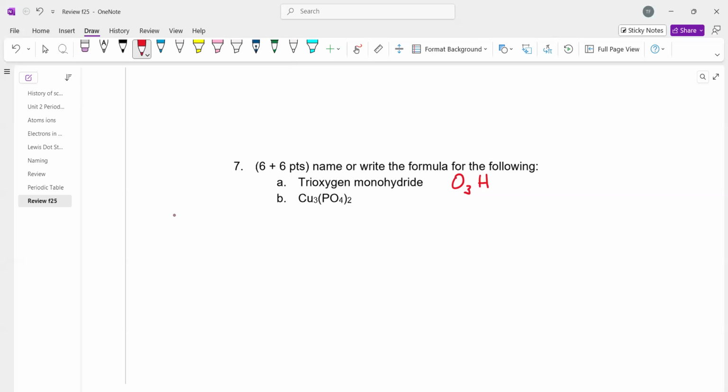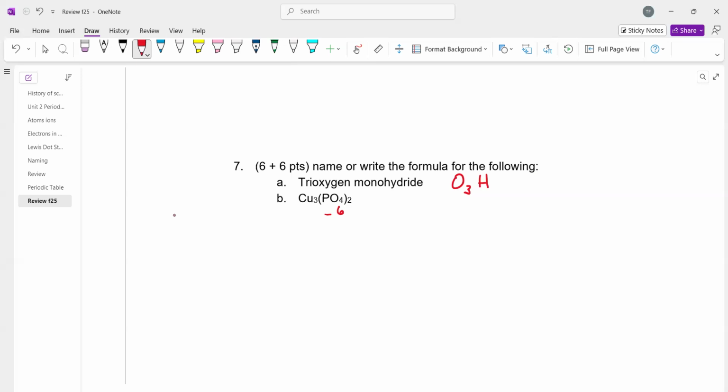So what's the charge on PO4, phosphate? It's on the far right. Negative what? 3. And we have 2 of them, so that's -6. So 3 coppers need to equal +6. So what's the charge on each copper?